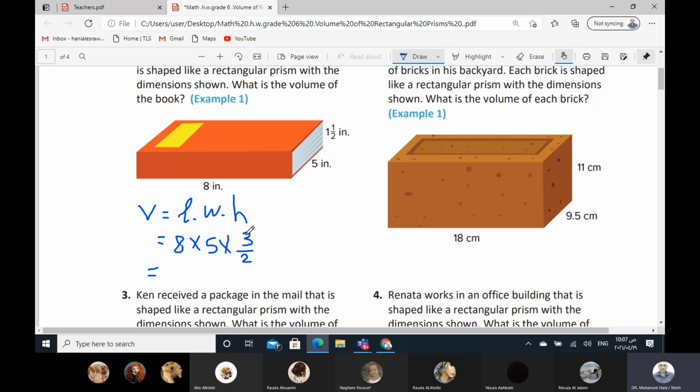Then 40 times 3 will be 120 over 2. 120 divided by 2 will be 60. Inch squared.